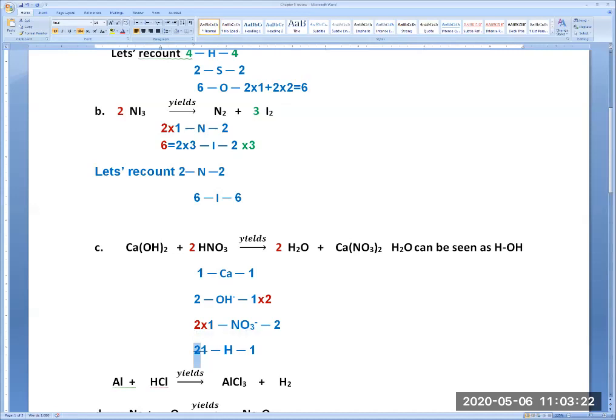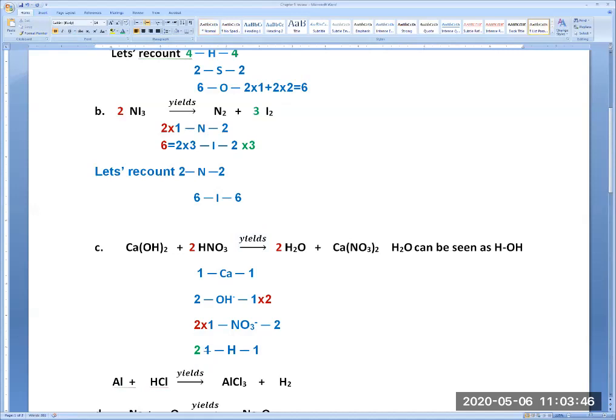Okay, so we have 2 hydrogens on the left and on the right. We changed the number of hydrogens as well by putting a 2 in front of H2O, right?